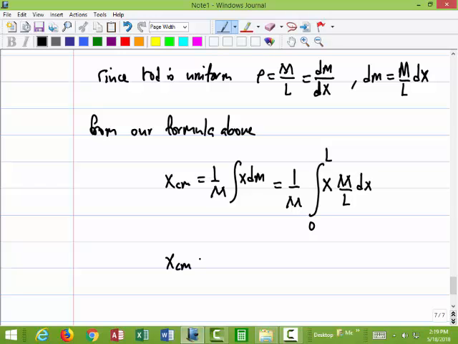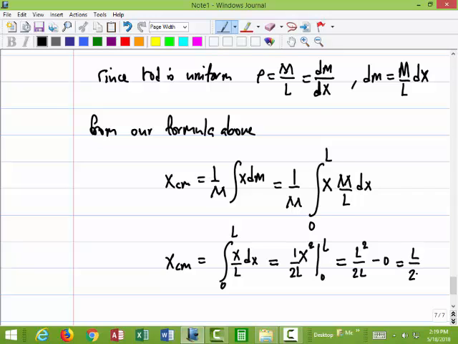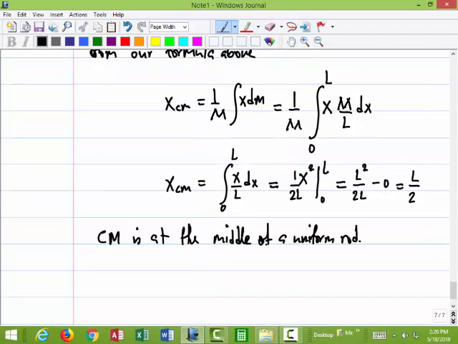So x center of mass can be found by integrating from 0 to L of x over L dx, which then gives us 1 over 2, x squared from 0 to L. So this can be written as L squared over 2L minus 0, which can then be written as L over 2. So for a uniform rod, the center of mass of the rod is just halfway along the rod. So this tells us the center of mass is at the middle of a uniform rod.